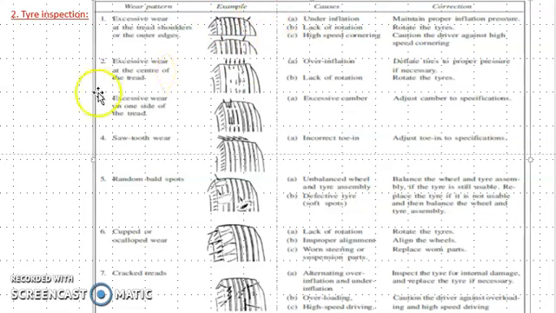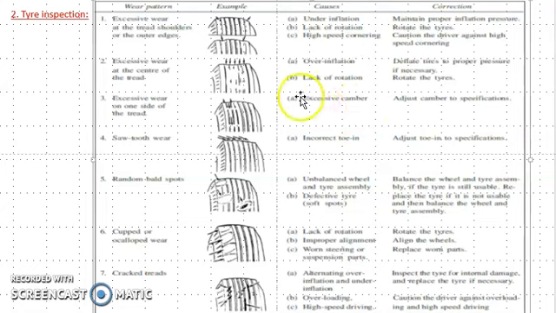The next is excessive wear at the center of the tire tread. This is due to over inflation, where the air pressure is more than suggested by the manufacturer. It is also due to lack of rotation and excessive camber.